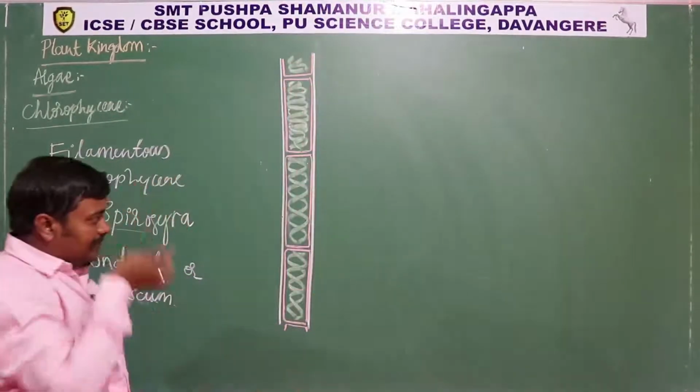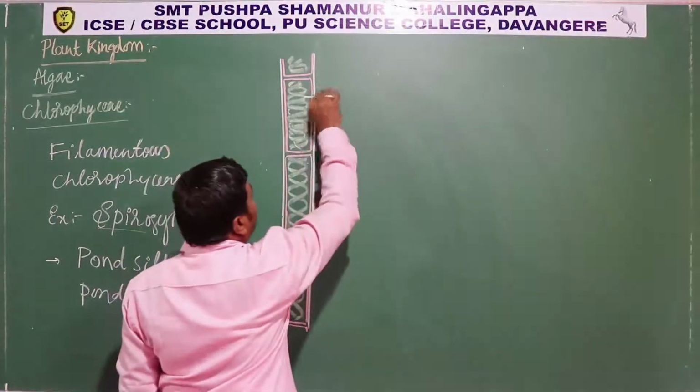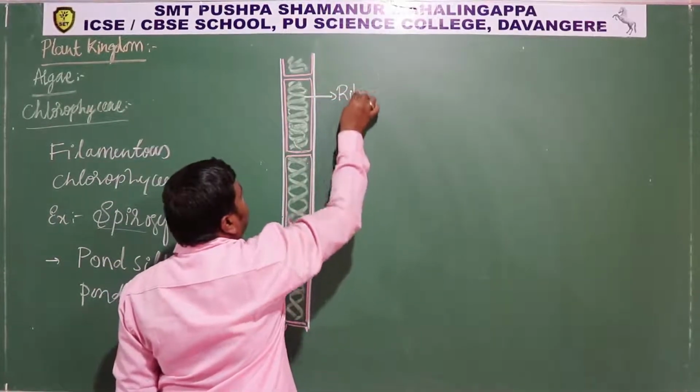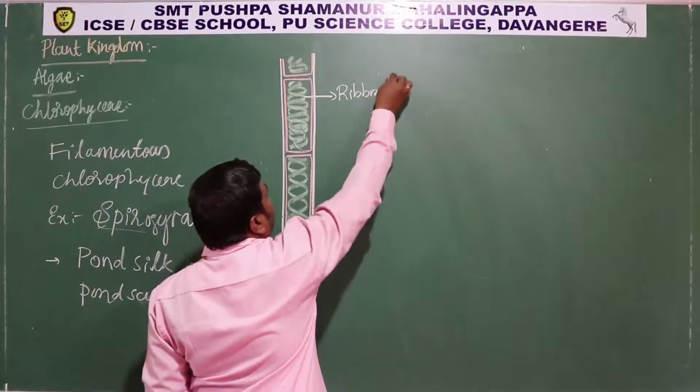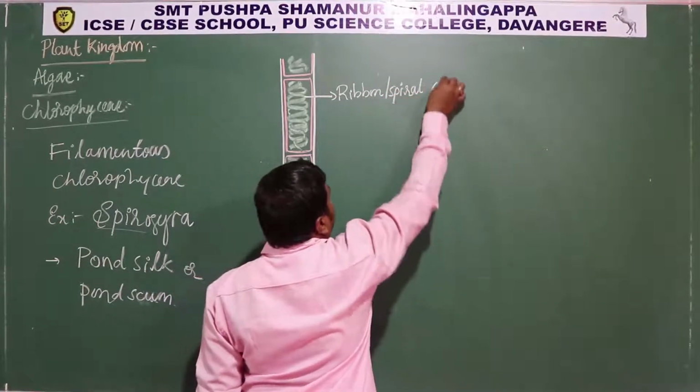The spiral shape is there. So this is the ribbon-shaped or spiral chloroplast.